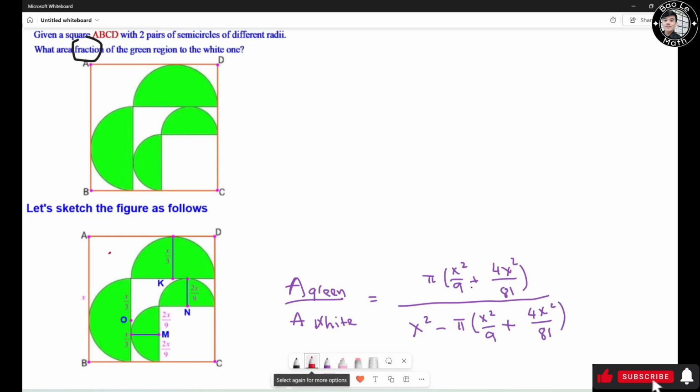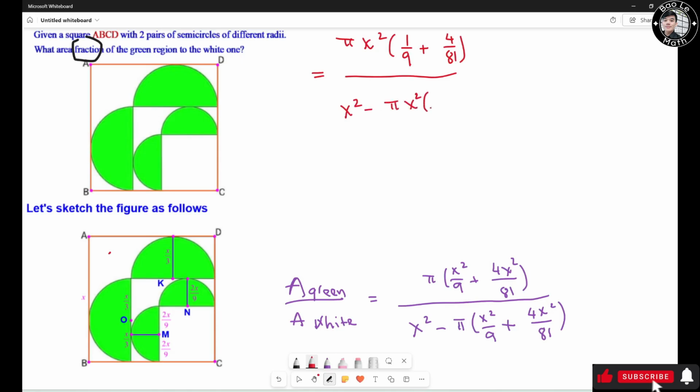Now to simplify this, I'm going to factor s squared out. So it turns out to be pi s squared times 1 over 9 plus 4 over 81, divided by s squared minus pi times s squared times 1 over 9 plus 4 over 81.